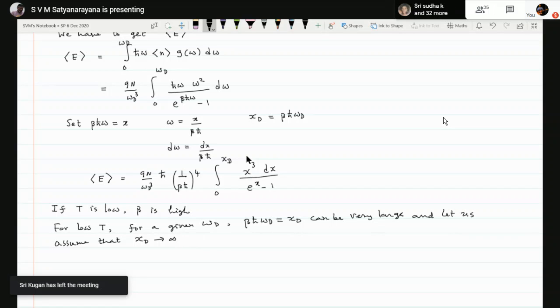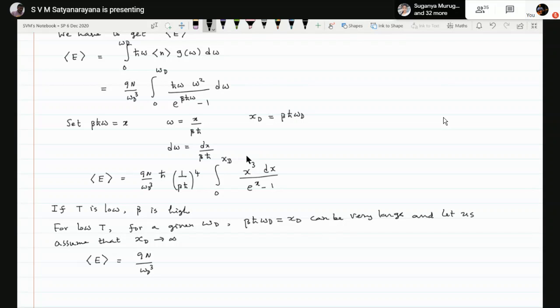We are talking about such a low temperature that we can make this go to infinity, in which case this low temperature expression for the average energy is omega d cube into kBT to the power 4 divided by h bar cube into the integral from 0 to infinity of x cube dx divided by e to the x minus 1.